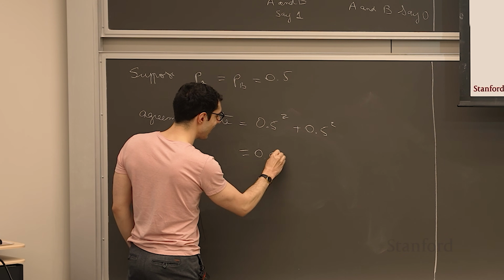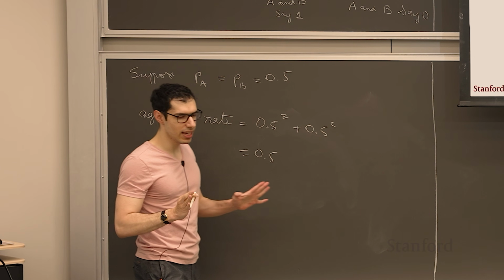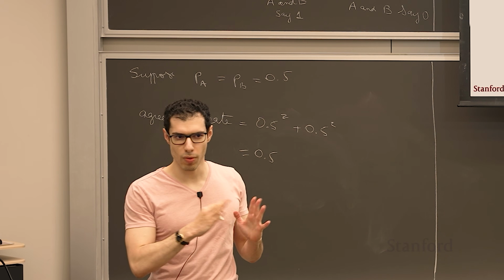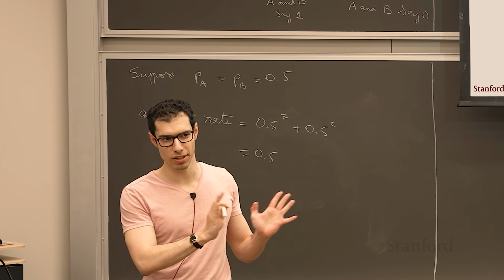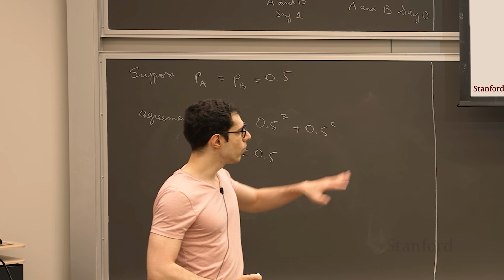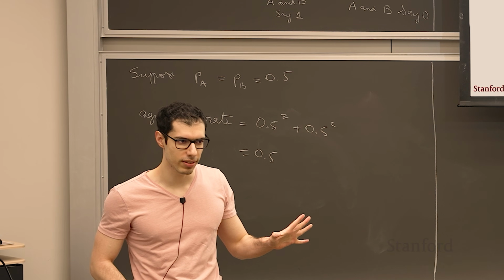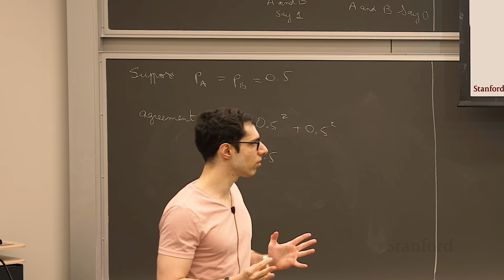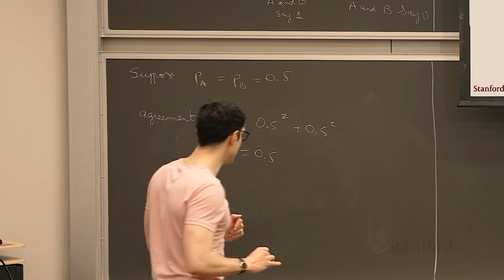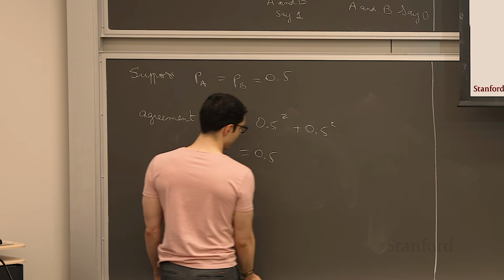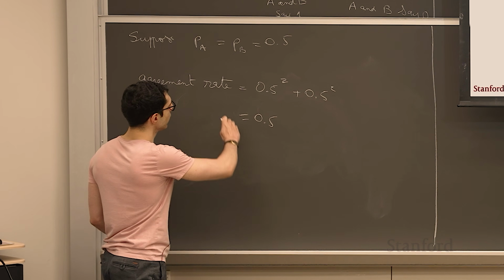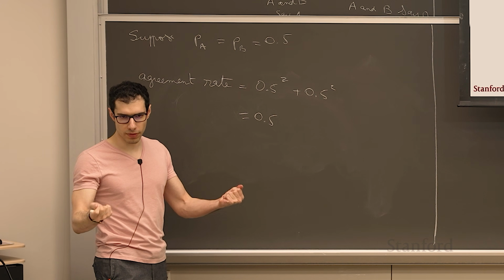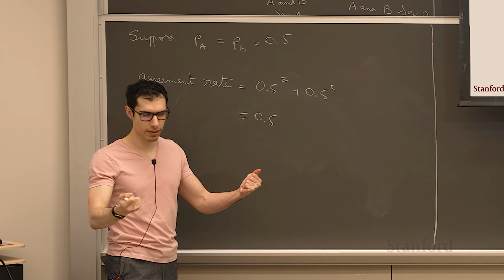So what that means is if we're just letting our raters rate these things in a random way with some probability, P of A, P of B, we would already have an agreement rate of 50%, just by pure random chance. And so one thing that I want to say is that this agreement rate by pure chance is a function of the probability that each of these raters give these ratings.